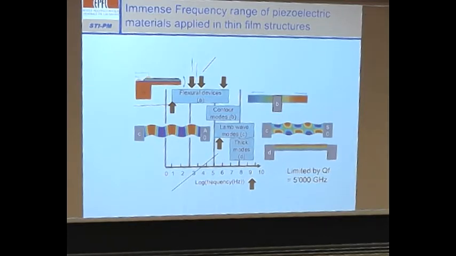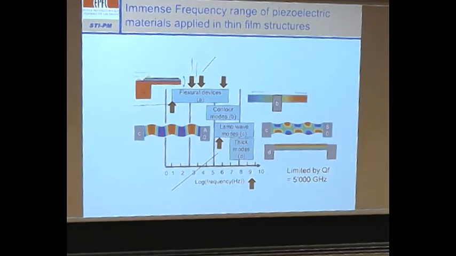You can also make contour mode resonators, which use a transverse piezoelectric effect to make plates vibrate in this sense. You can do resonators at, let's say, 100 megahertz. These are called contour mode. Then you can make Lamb waves. There are various types.